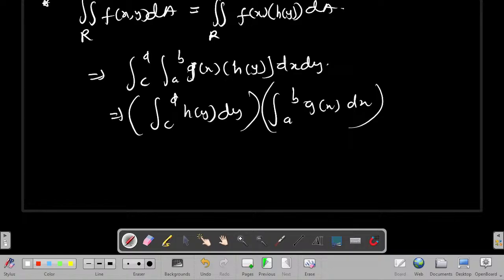That's the whole trick. You can break your function, which can be expressed as a function of x times a function of y, though it's a single function. Then you separate your region, so your x goes for the x part and the y goes for the y part. Let's solve an example so that you understand this.